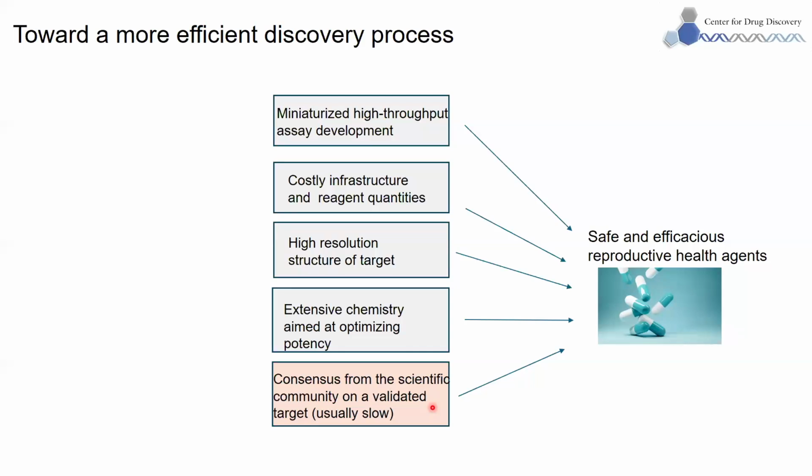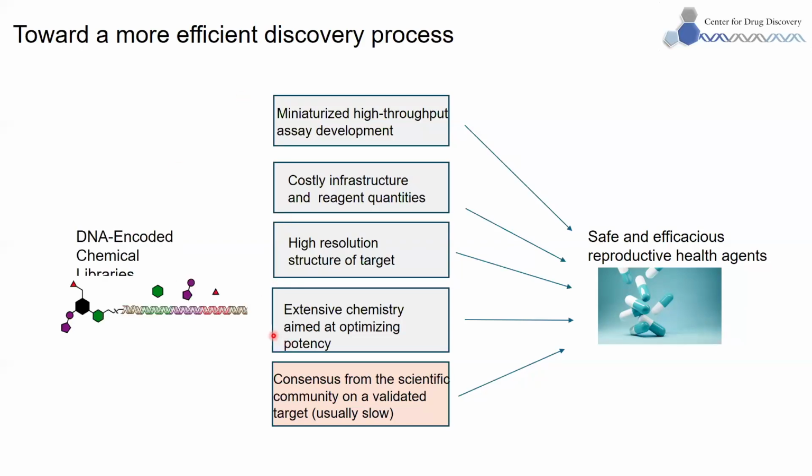Coming to the other technologies, either you need to be enabled by a structure, where you have a clear picture of how to drive this discovery process and further optimization into a lead candidate, and again that deals with extensive iterative rounds of medicinal chemistry and all those things. And as most people think, if you don't have any of these validated things available, it slows down the drug discovery process.